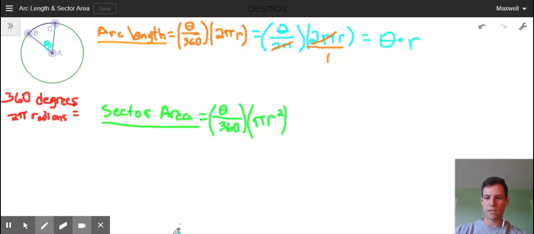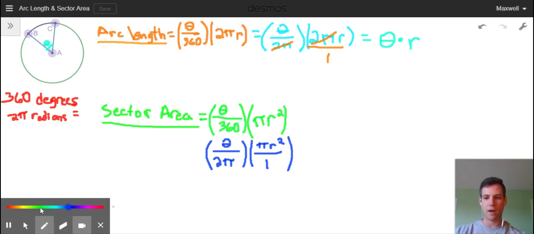Now sector area is a little bit different, but has a lot of similarities. We're still going to replace that 360 first with a 2 pi. So we have theta over 2 pi, and that would be the first parentheses. In the second parentheses, we still have pi r squared as our first part, and then we are going to have that be over 1 since it's not a fraction yet.